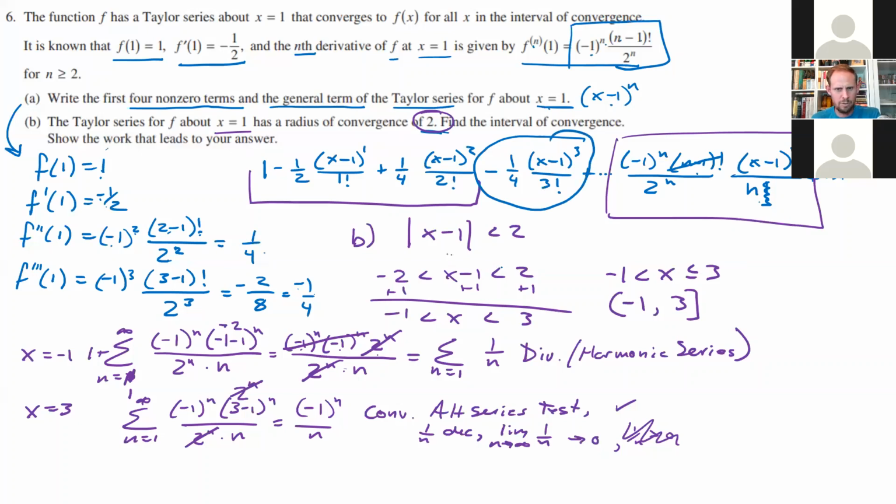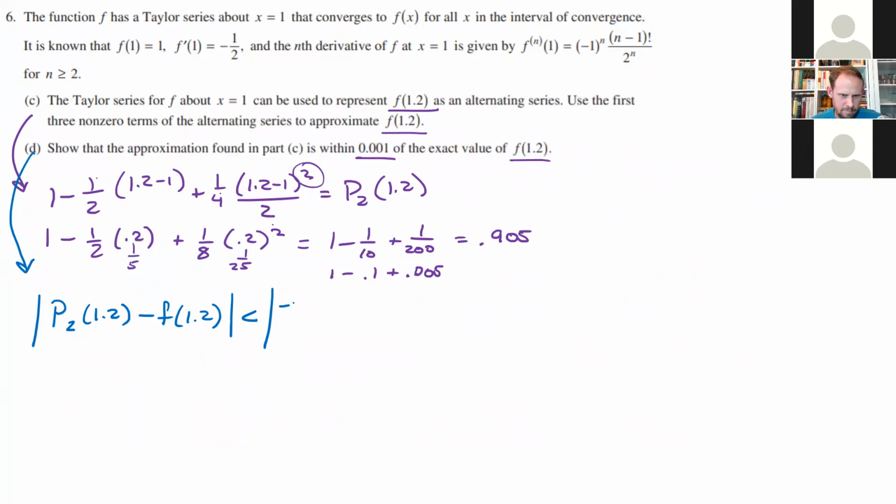So that's -1/4 times 1.2 minus 1 to the third, over 3 factorial. And we just want to work that out. So the negative is going to cancel. We're going to get 0.2 to the third, 4 times 6, so 24.